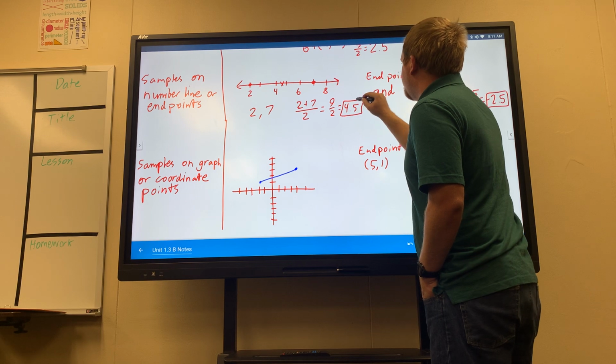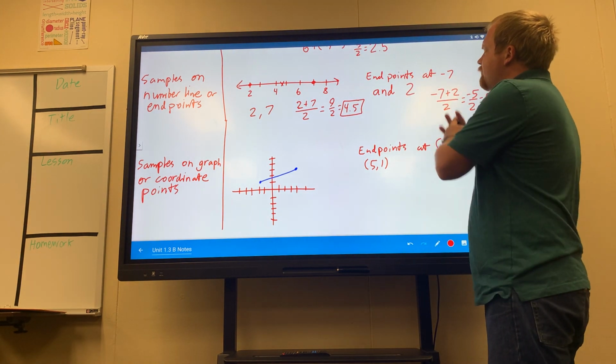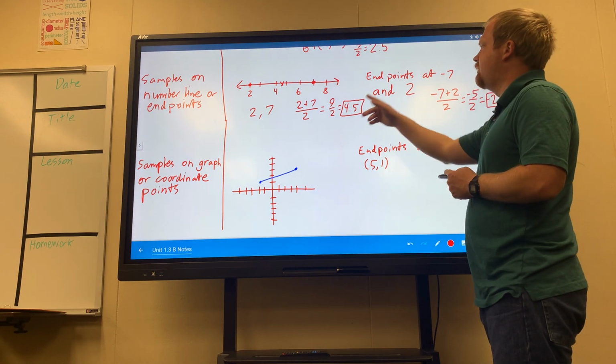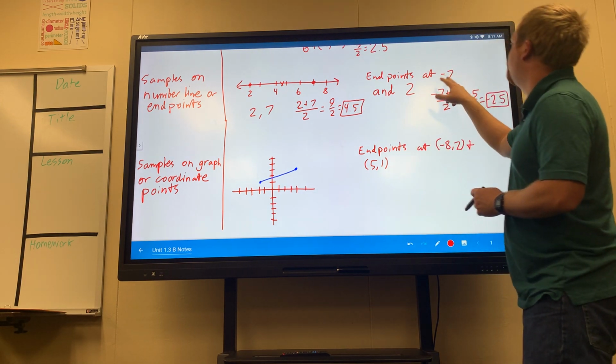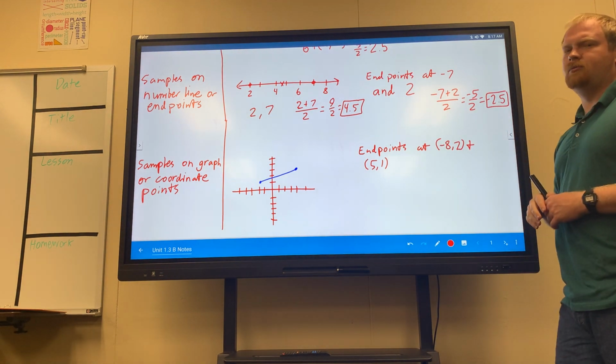Forgot to box this also. Okay? So the average between the two, -7 and 2, is -2.5.